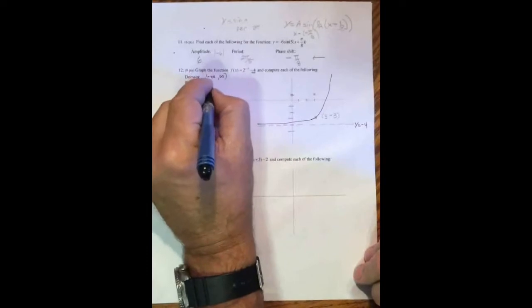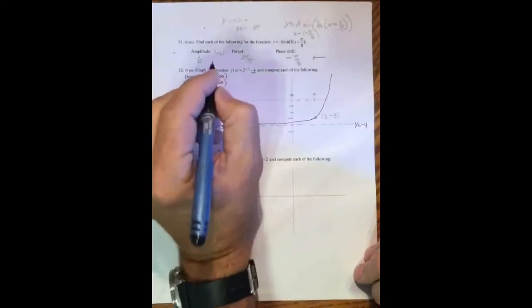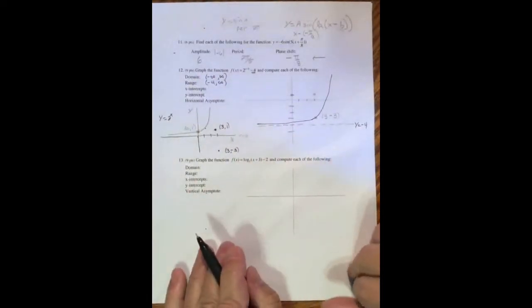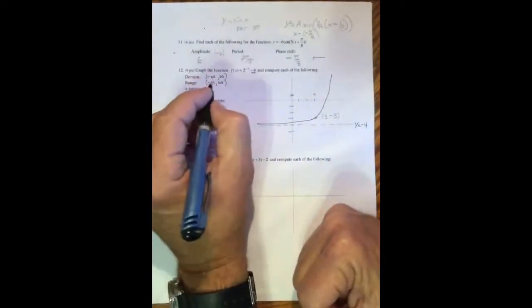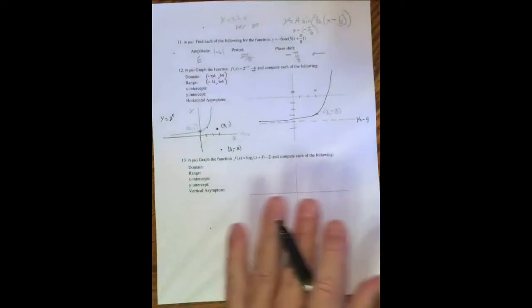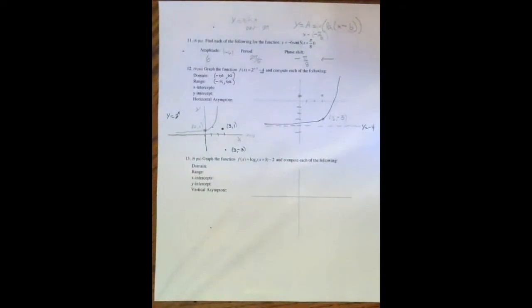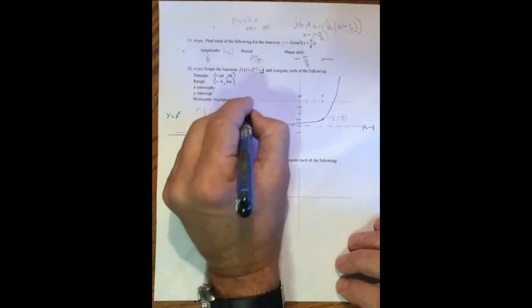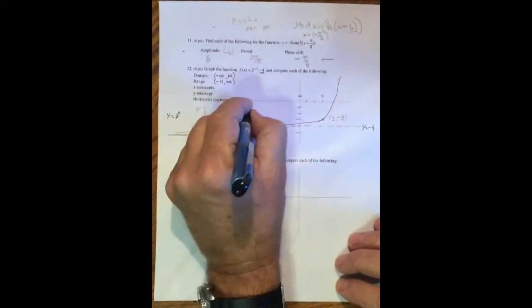So the range is going to be minus 4 to infinity. I'm going to get all the y values bigger than minus 4. X-intercept. Now remember, intercepts are coordinates. Intercepts are coordinates. Let's go ahead and do this since we got this. A horizontal asymptote is going to be minus 4. Y equals minus 4.